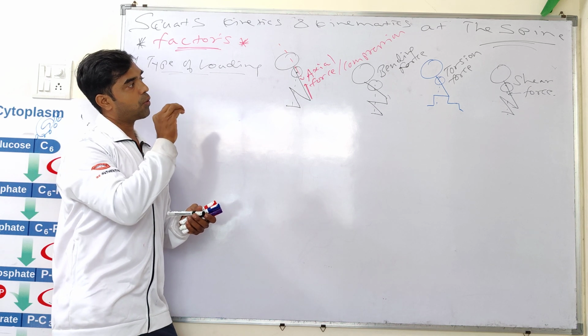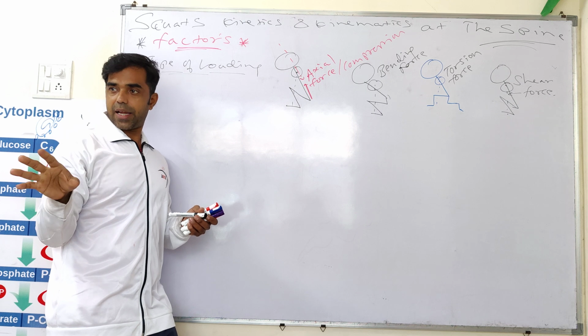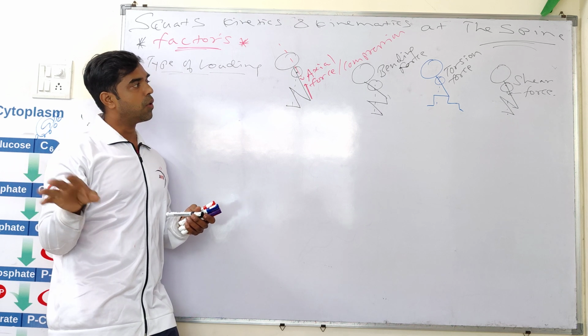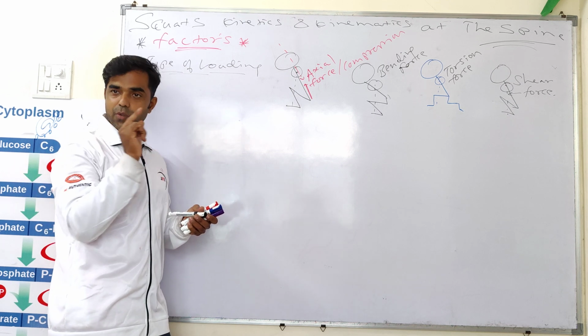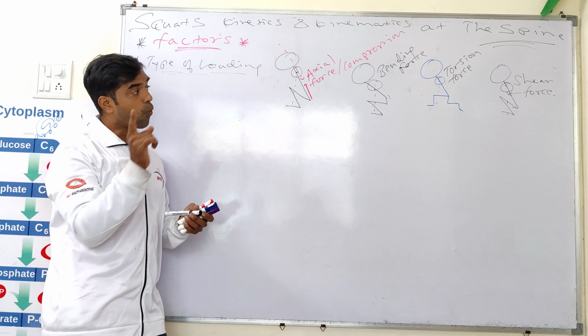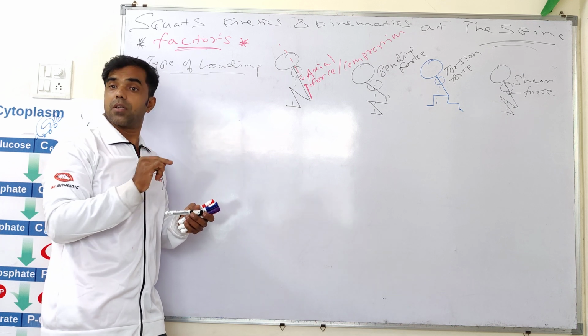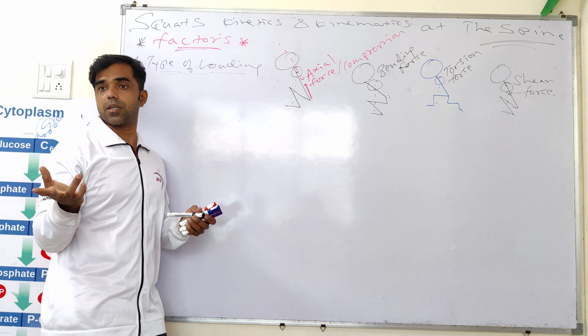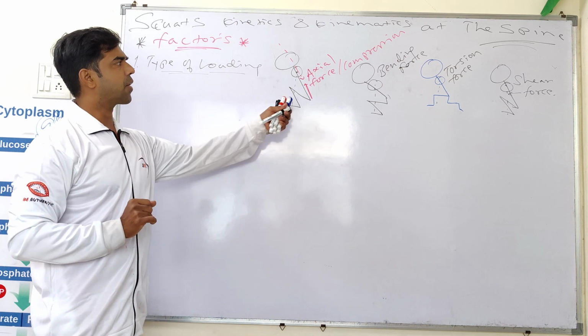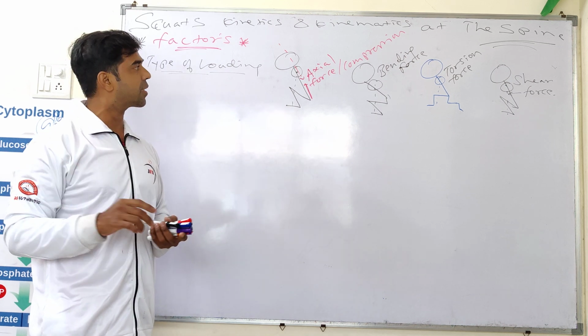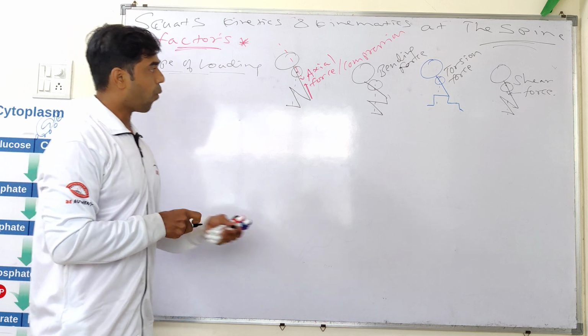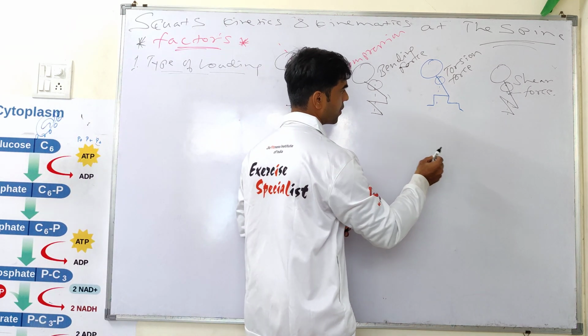So prior to engaging your client, you should make sure what exercise of squats you are applying and what forces will occur during the squats, right? So let's take one example of axial compression. Now what happens in axial compression?